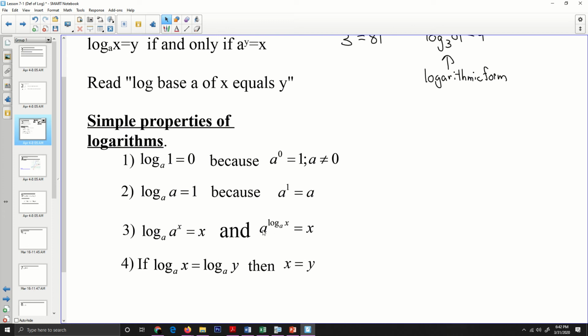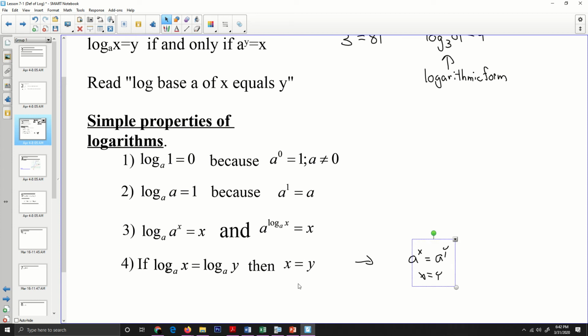Similarly, a to the log base a of x equals x. And if I have two expressions with a logarithm that has the same base, then those expressions have to be equal. And that's very similar to the exponential property, where if I had a to the x equals a to the y, then x has to equal y.